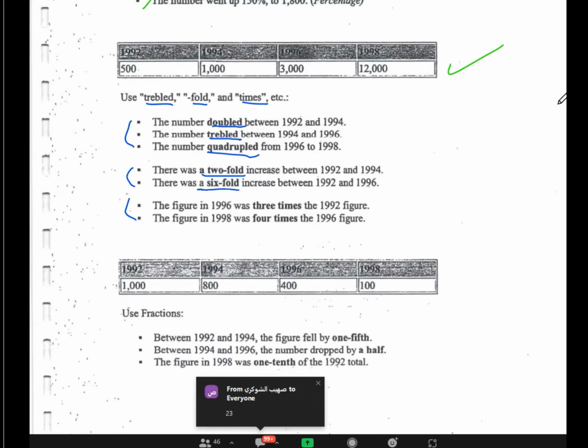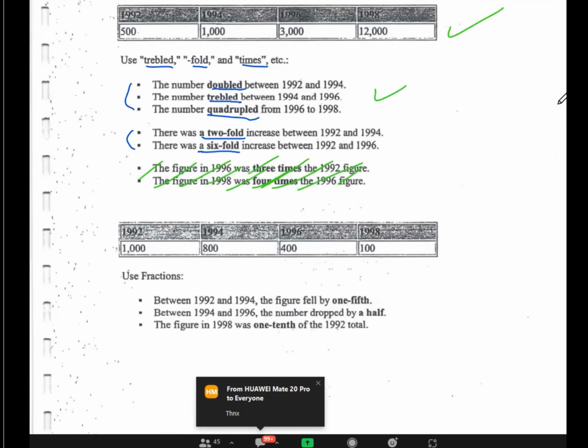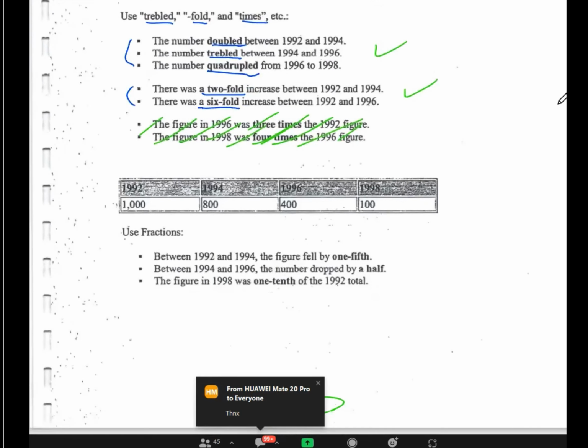There was a 6-fold increase, means 6 times. From 1 to 6, or from 10 to 60, 6-fold increase. But this might confuse you, so better to avoid it. So just focus on these words.